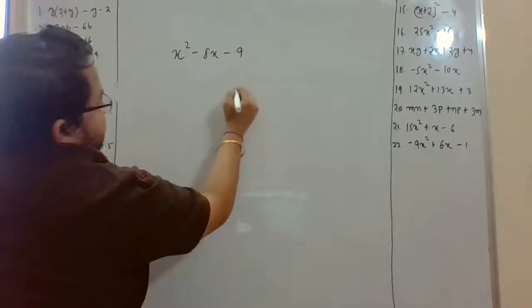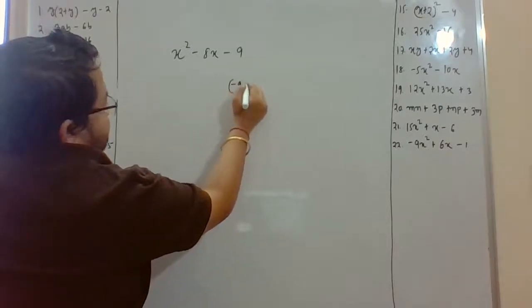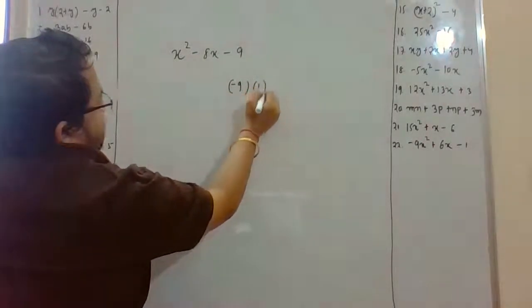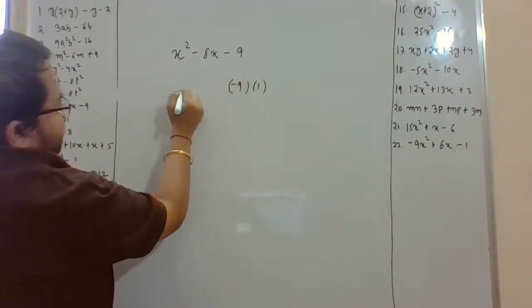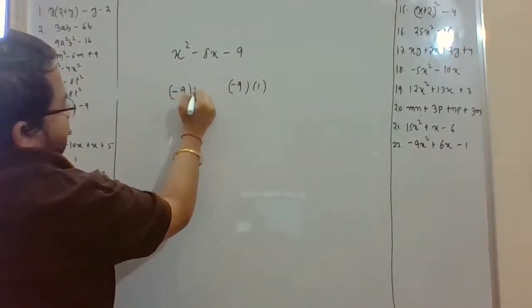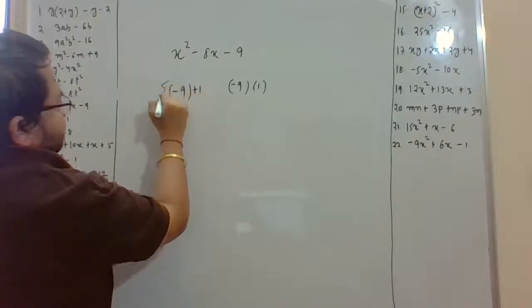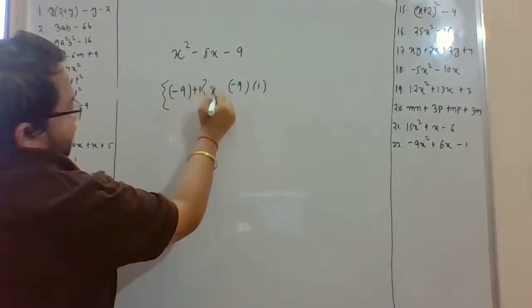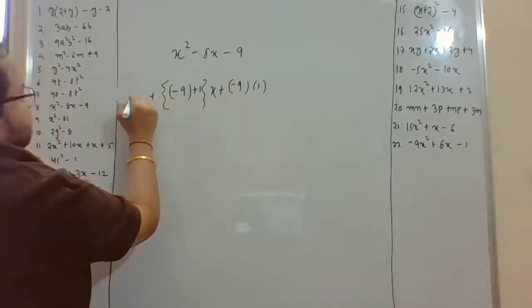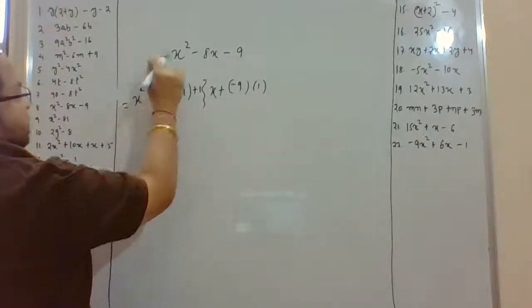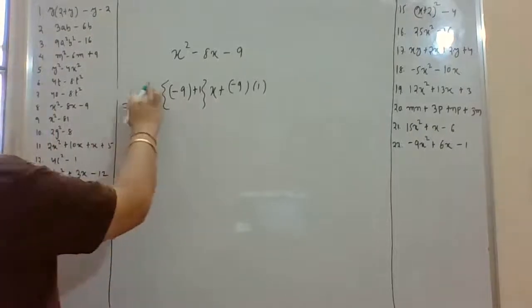So minus 9 can be written as minus 9 into plus 1, and similarly, minus 8 can be written as minus 9 plus 1. So this much into x plus this much plus x squared. That is nothing but my original expression, right?